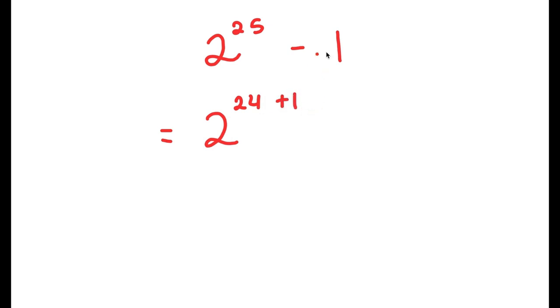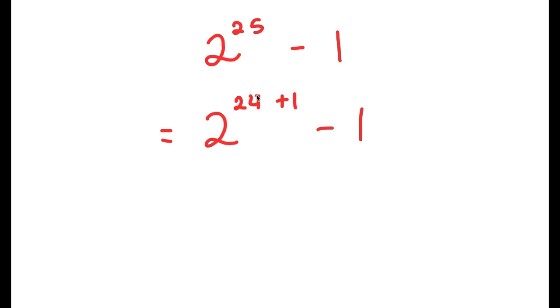Alright, so in this video, I'm going to solve the problem 2 to the power of 25 minus 1. To first start, I'm going to rewrite 2 to the power of 25 as 2 to the power of 24 plus 1, and then we have our minus 1 at the end.